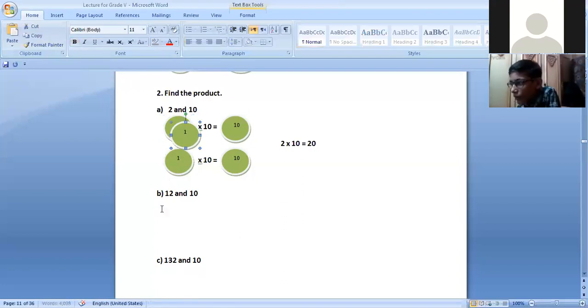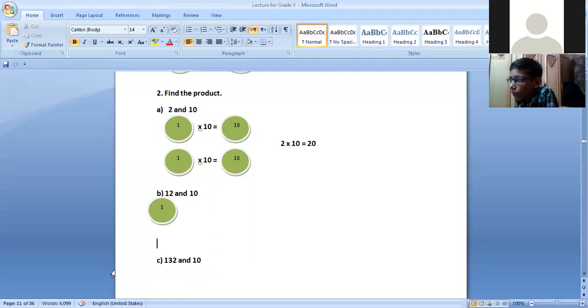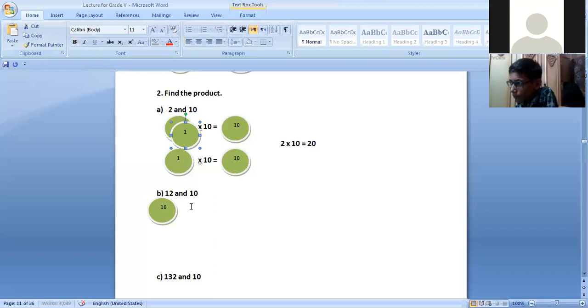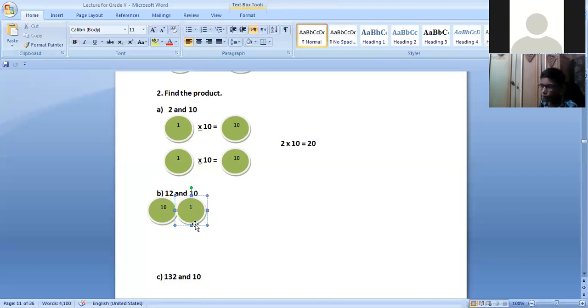Here we will use disks, and then here we have 1, and on the 10 place we have 1 disk, number 1, and we will write in the disk 10. 10 की हमारे पास एक disk है, and then we have 2 disks. Okay, 10 multiplied by, all numbers will be multiplied by 1.